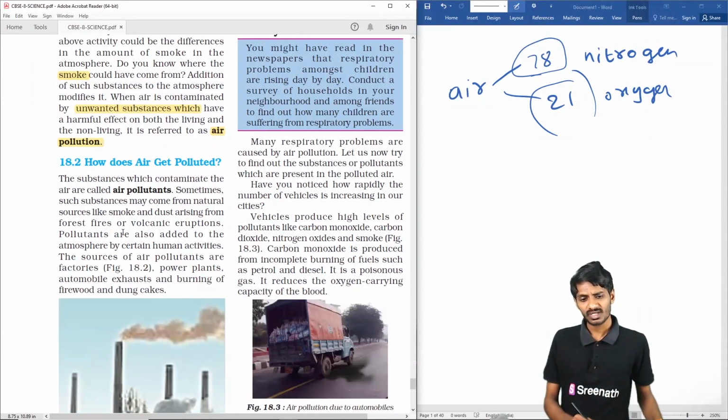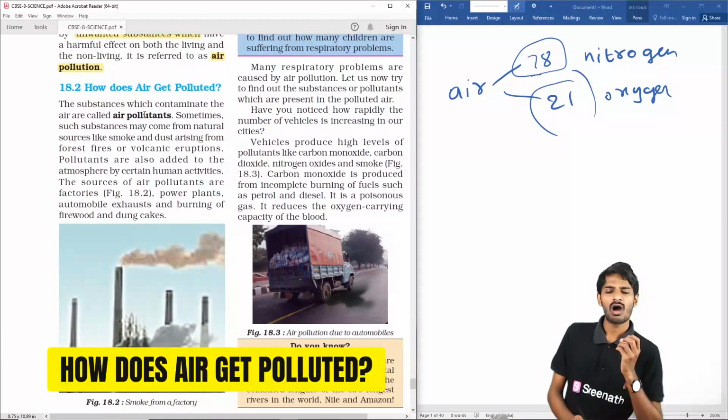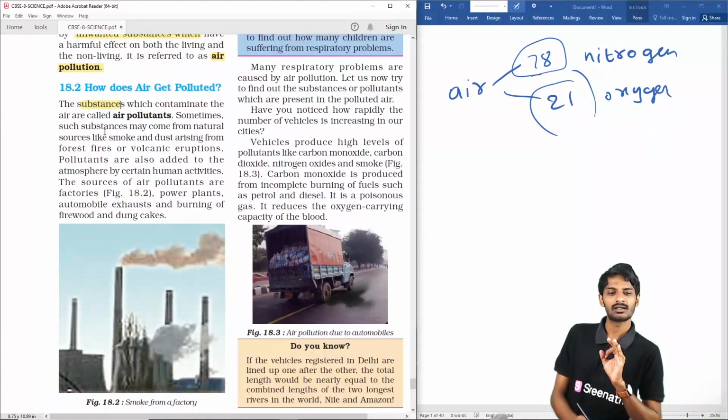And how does air get polluted? The substances which contaminate the air are called air pollutants. Sometimes a substance may come from natural sources like smoke and dust.